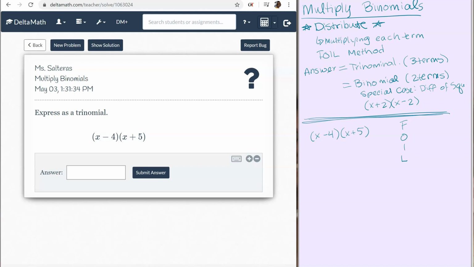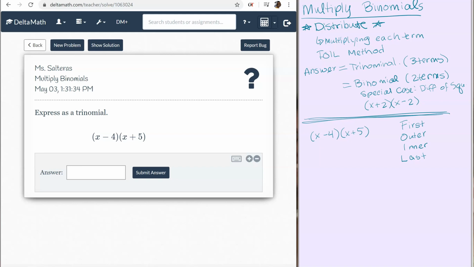So what does FOIL stand for? FOIL stands for first, outer, inner, and last.